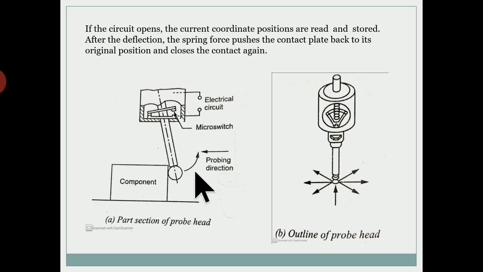That is, when the contact force exceeds a minimum value, the probe triggers and a signal is generated. If the circuit opens, the current coordinate position is read and stored. After the deflection, the spring force pushes the contact plate back to its original position and closes the contact again.